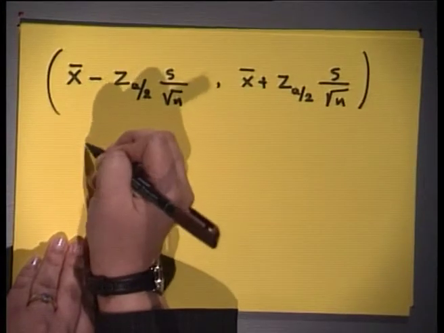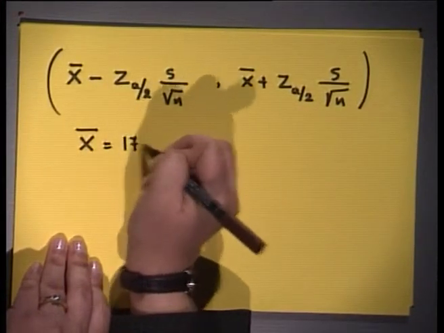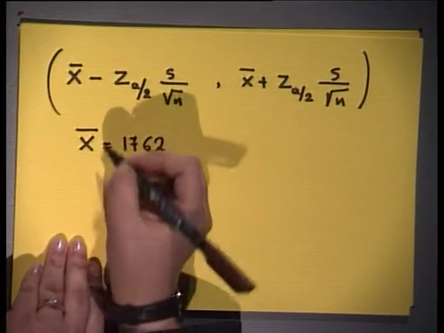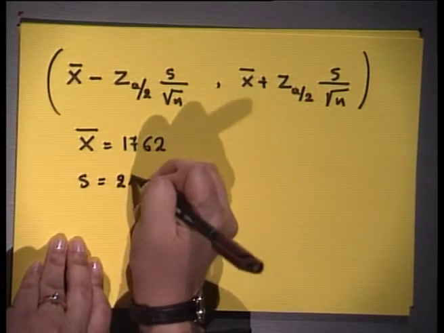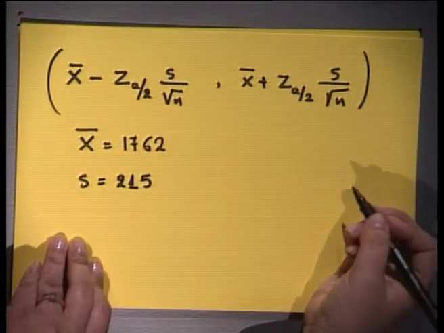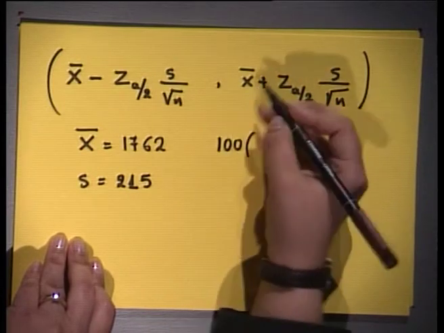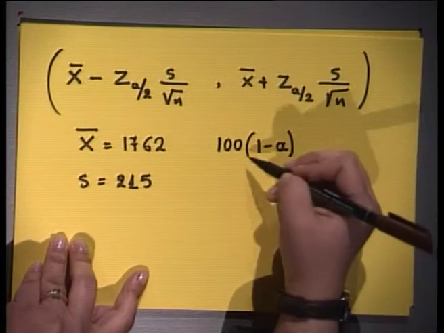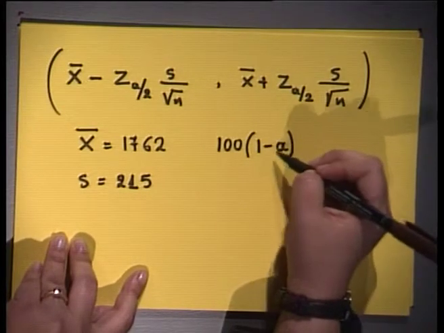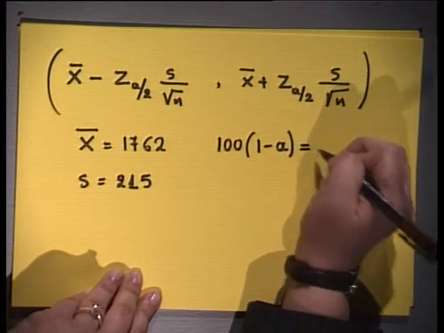We have that the sample mean is given, the sample standard deviation as well, and so we can construct, as we know from our last lesson, our 100 times 1 minus a% confidence interval.